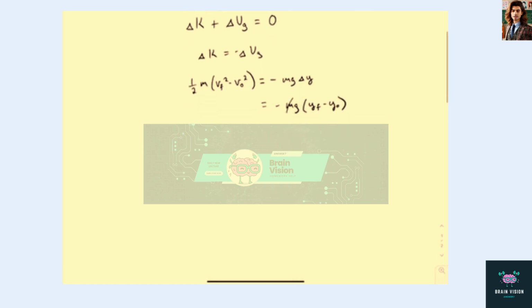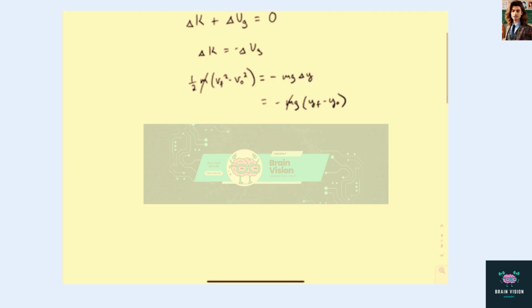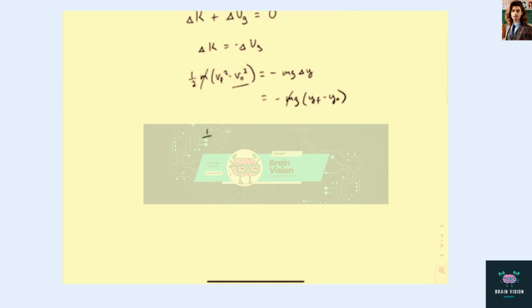And now the mass cancels out, so it doesn't matter what mass we have. Our initial velocity is 0, so we're dropping it from rest, and we're looking for the final velocity. So this just becomes 1/2 vf squared. And then our initial position is h, and our final position is 0.